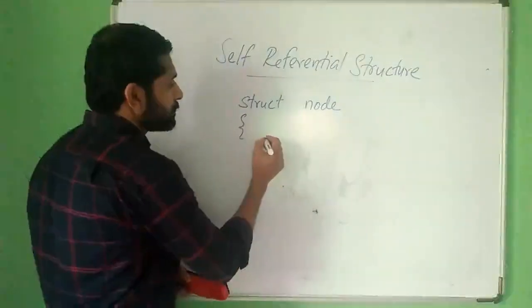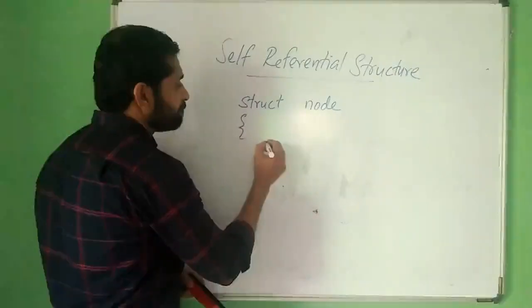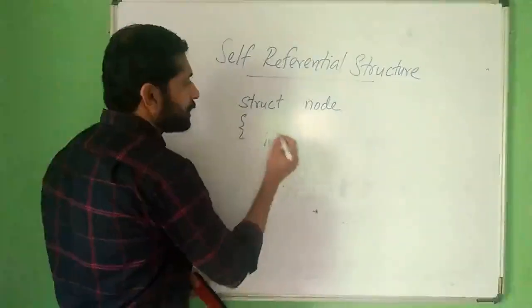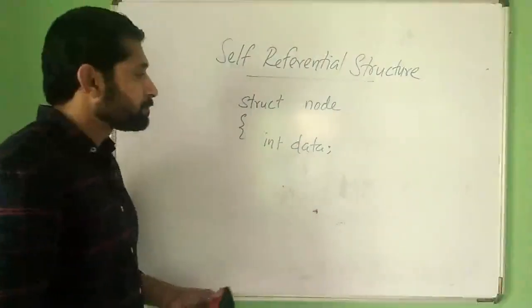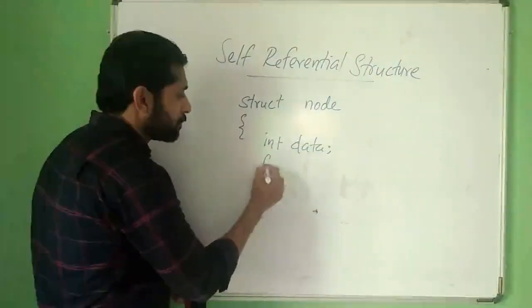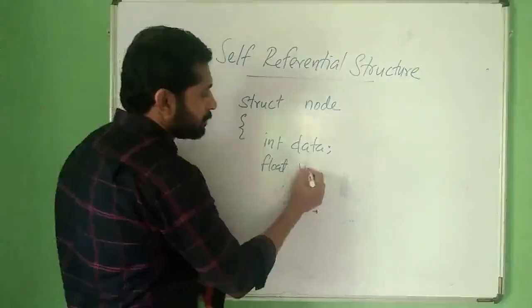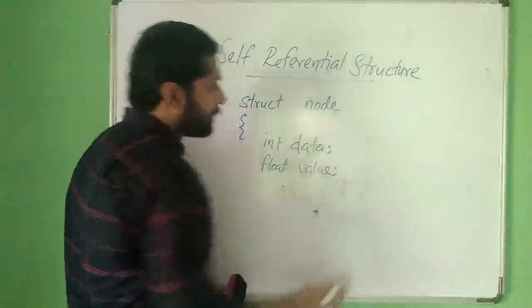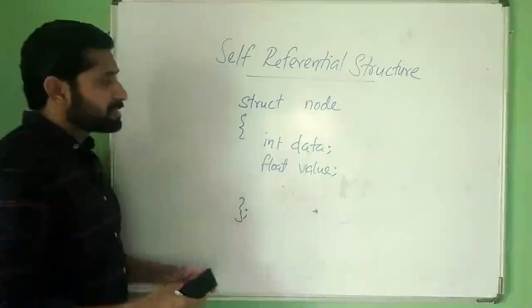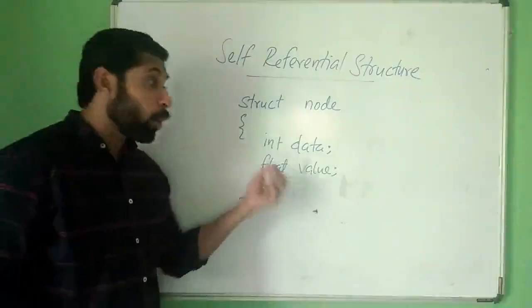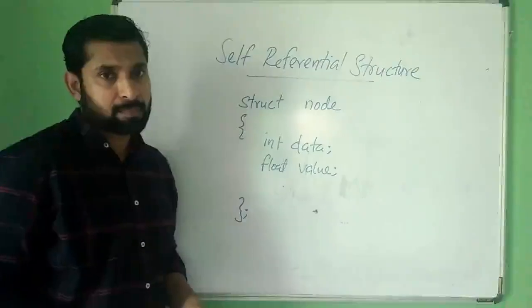Then we have some int data available, float value, another variable. We know this is the definition of an ordinary structure.